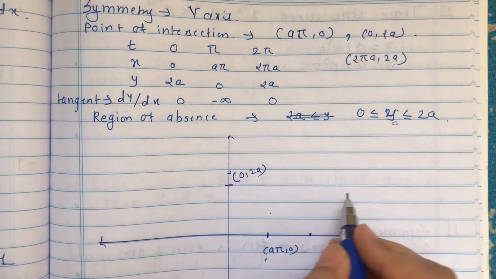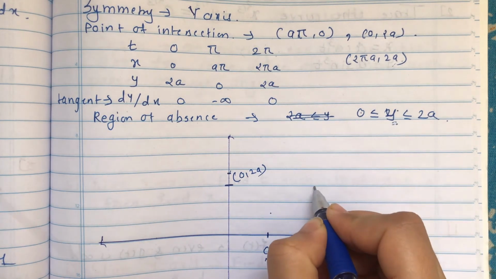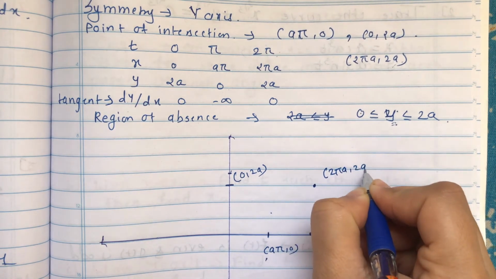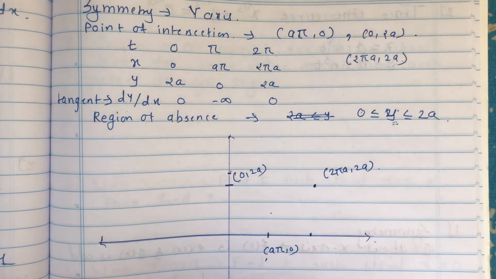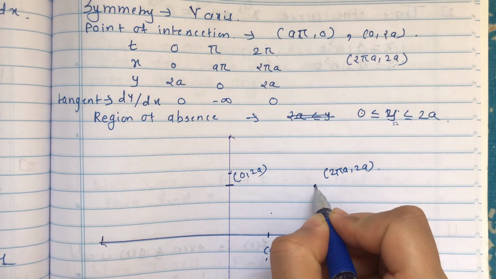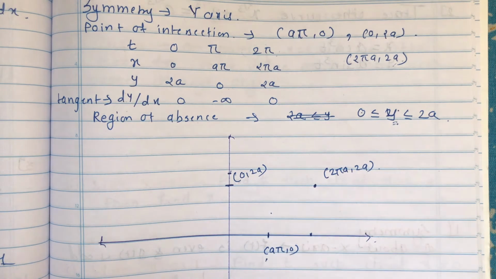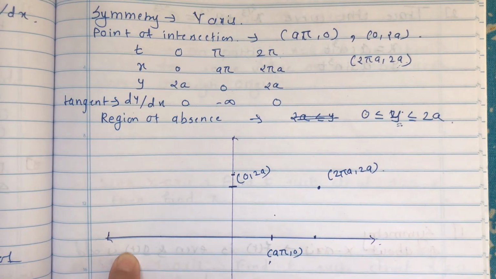So y will be 2a. So there are 3 points, right? This is first, second and third. Now we will draw tangents.